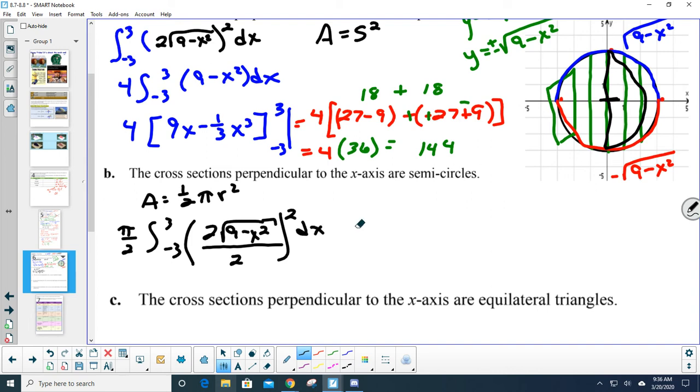So I'm going to end up taking the integral from -3 to 3, again, of 9 minus x squared dx. And that should look real familiar to you from somewhere up higher. So that would be semicircles.